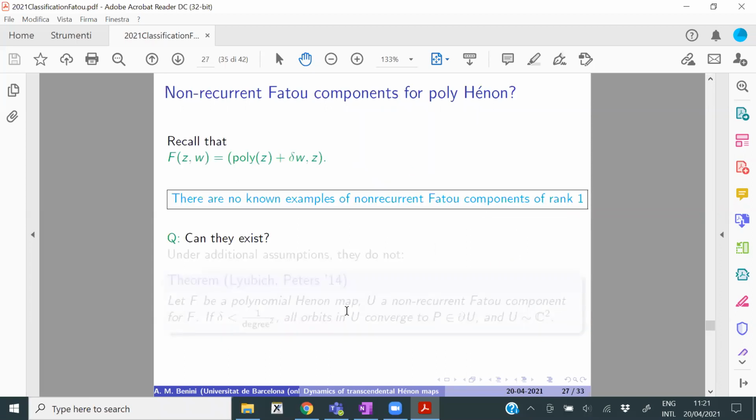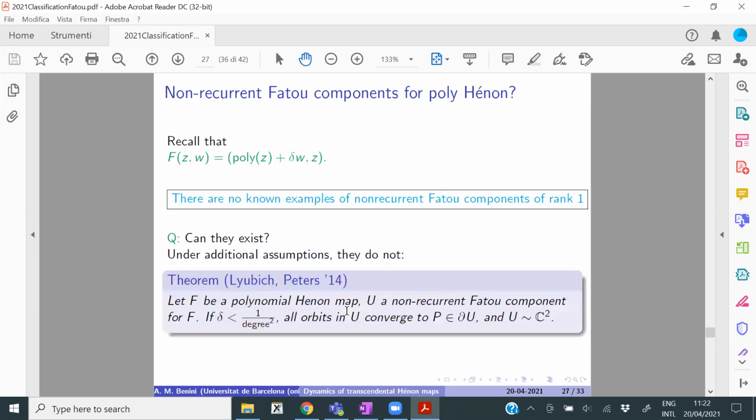What about non-recurrent Fatou components? You remember the ones for which the limit functions would go to the boundary. There is not much known. There are no examples of non-recurrent Fatou components, except when they converge to a point. So rank 0, parabolic basins, they kind of exist in C2. And what is interesting is there are assumptions, by Peters and Lubitsch, under which recurrent Fatou components with rank 1 limit function cannot exist.